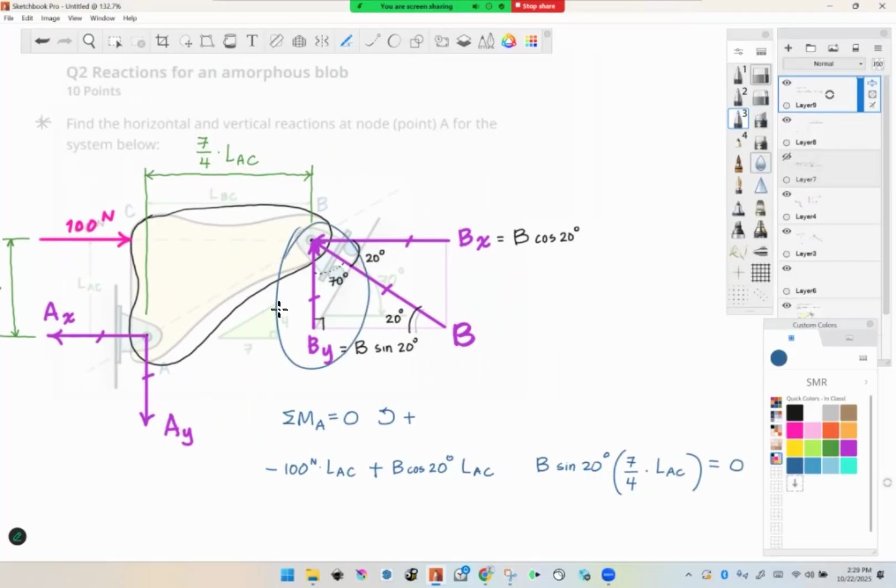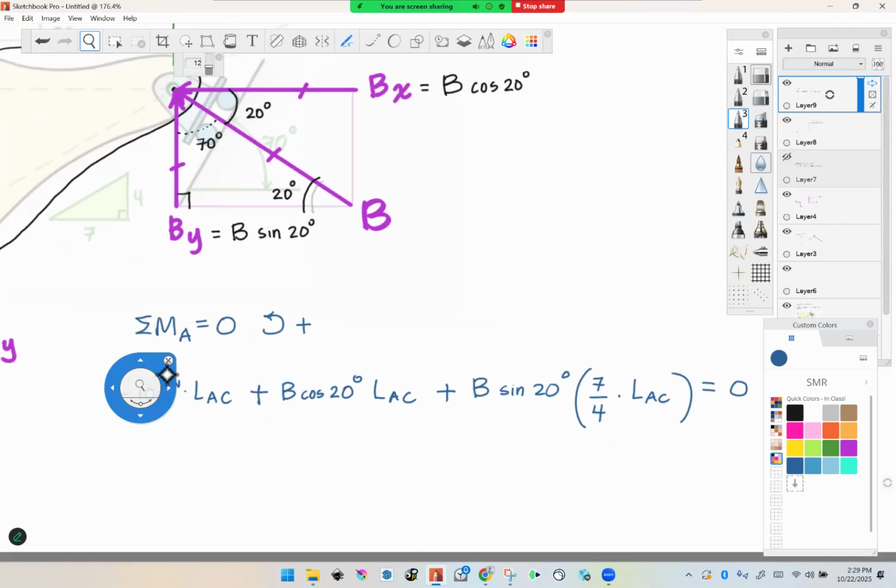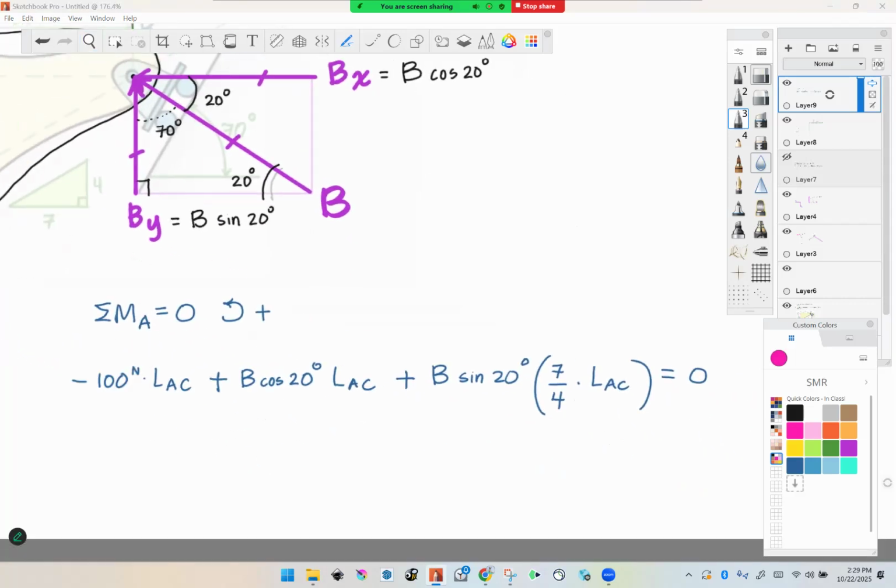And its sign, so that force, B sub Y, when viewed in isolation, tends to rotate the body counterclockwise, or positive, about A. All right. As we can see here, we're ready to solve this equation, and that cancels out.